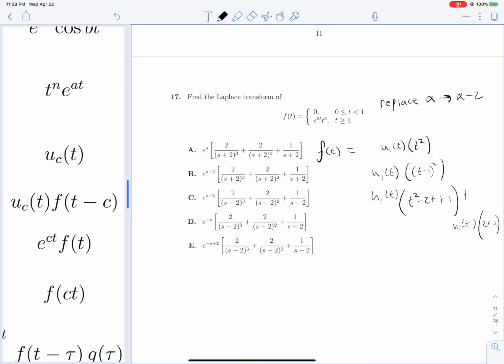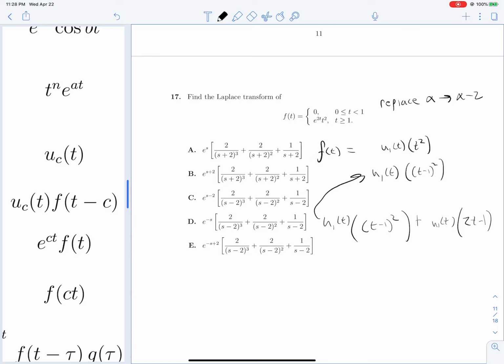Okay, so I hope you see what I've done here. We can then zip this guy back up into t minus 1 squared, and as long as we add this term, I'm going to rewrite this: 2t minus 1.